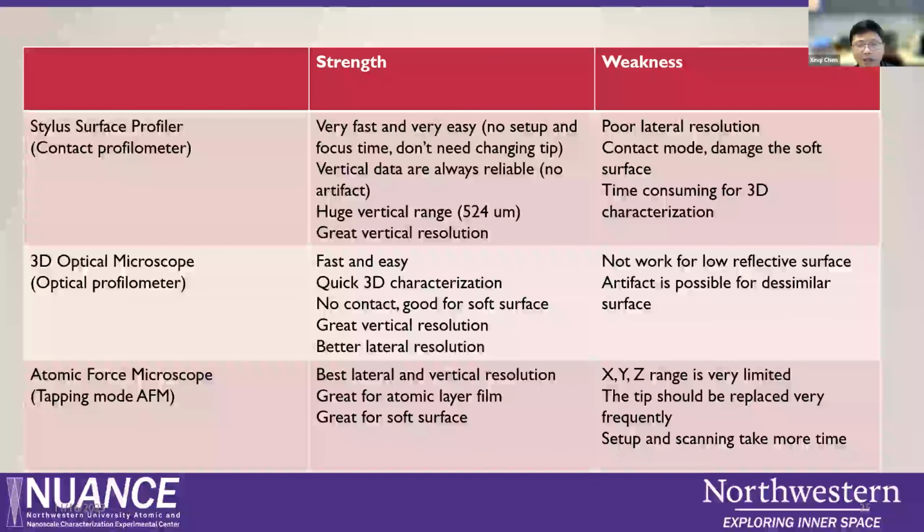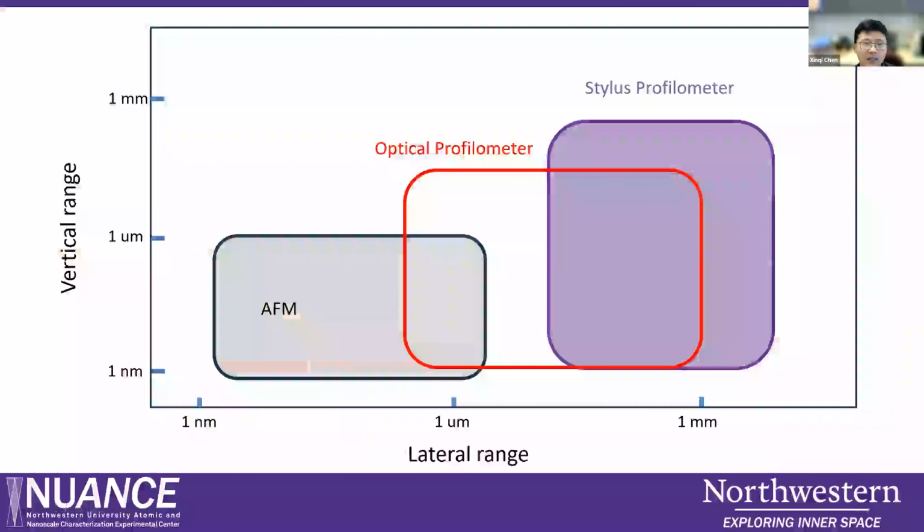Okay, so the next slide is the last. I want to show where they are. The horizontal is the lateral range, and the left is the vertical range. You can see for all 3 methods, the vertical range is about 1 nanometer, which is very similar.